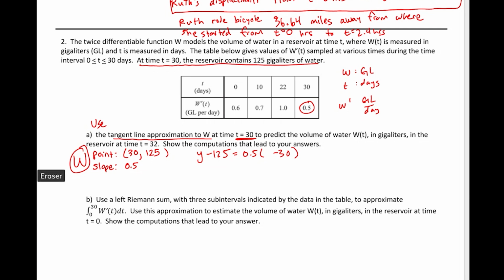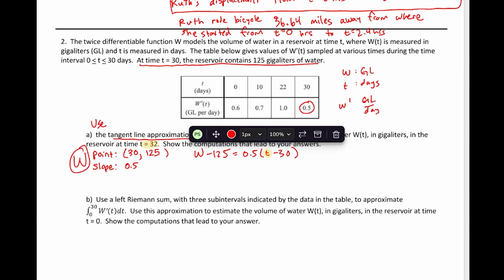Instead of x, I'm going to use t, and instead of y, I'm going to use w. So if I'm trying to use this tangent line approximation to estimate the amount of water in gigaliters at t equals 32, I'm just going to substitute 32 in for t and solve for w.